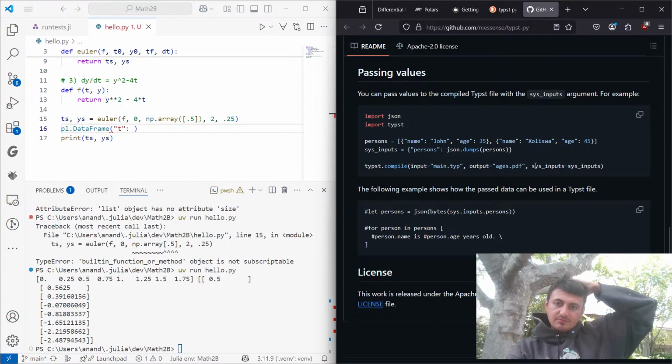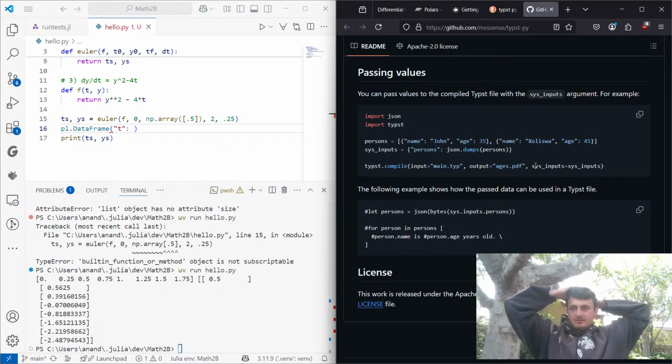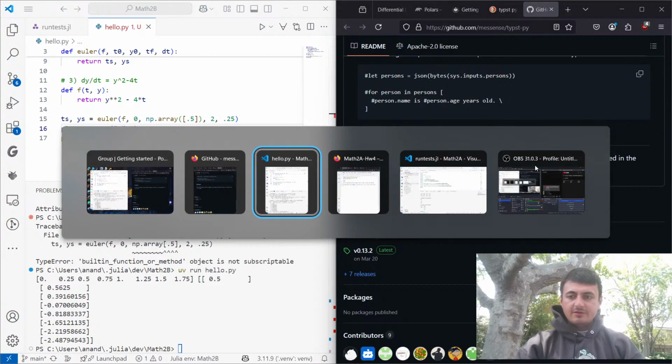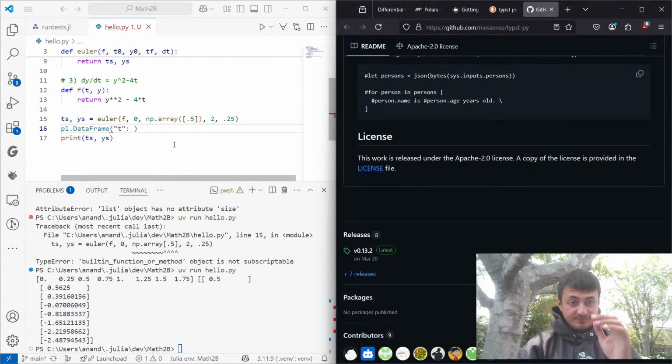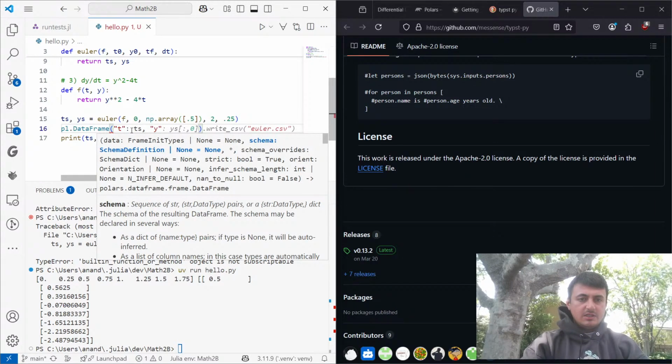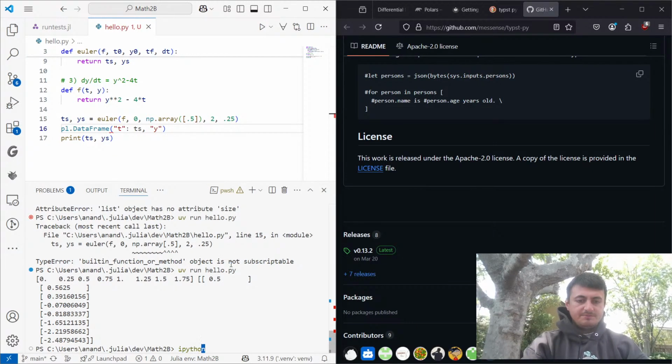Oh, sys inputs. Oh, that's cool. Yeah, so it's because I use the online one that I don't think I really need all that, but so this is going to be t's, and then y is. Hold on, I want this to be interactive.